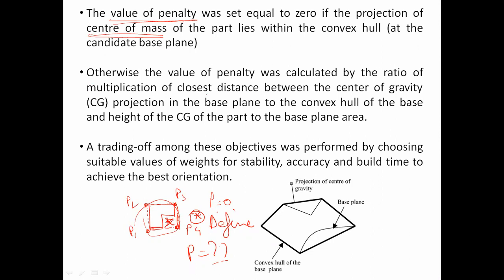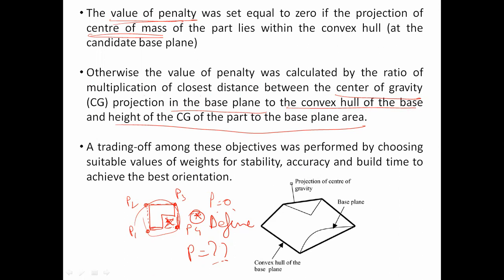Now, if the penalty function was to be incorporated, the value of the penalty was calculated by the multiplication of the closest distance between the center of gravity in the plane to the convex hull of the base and the height of the CG of the part to the base area. Now, what does it mean? The closest distance between the center of gravity and the convex hull of the base.